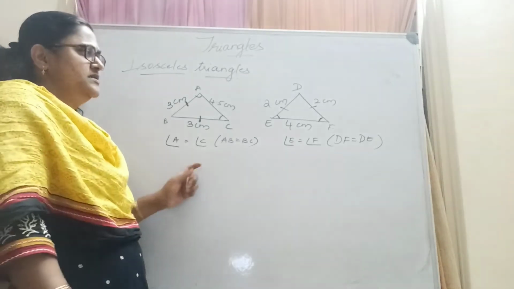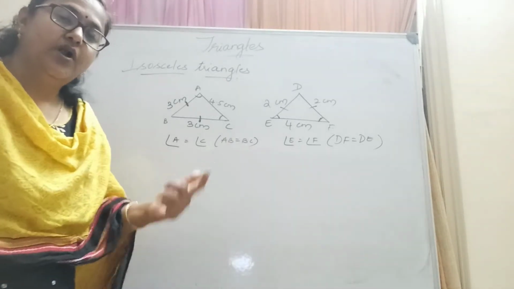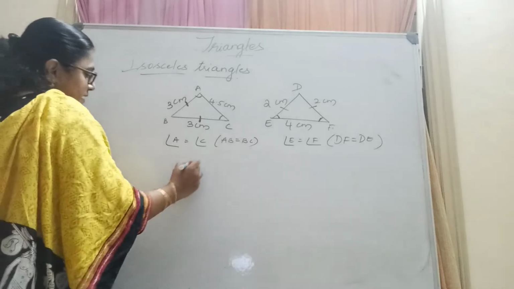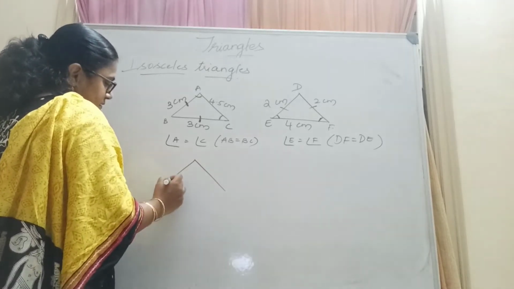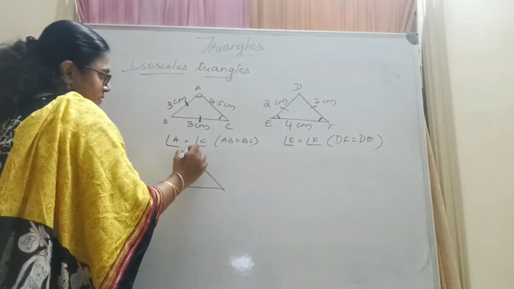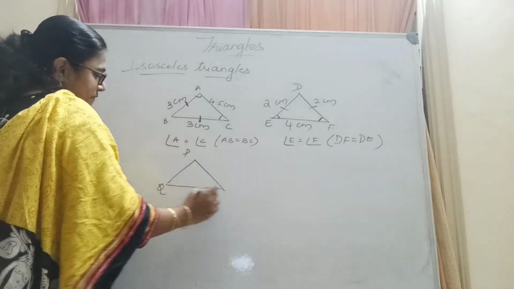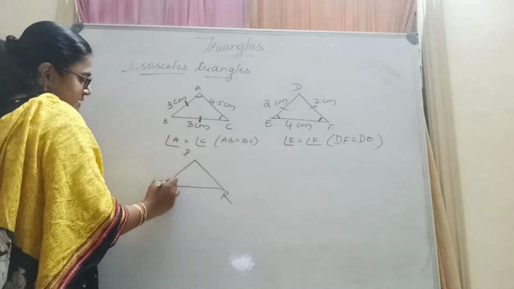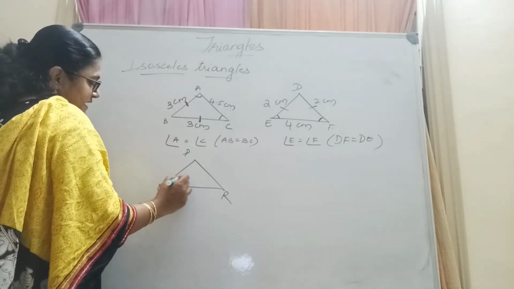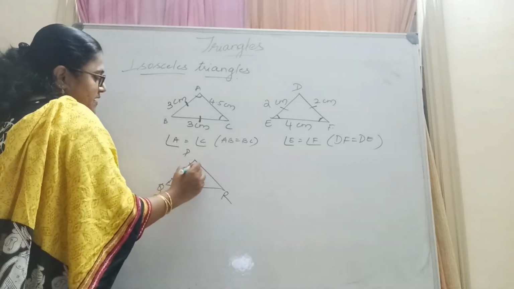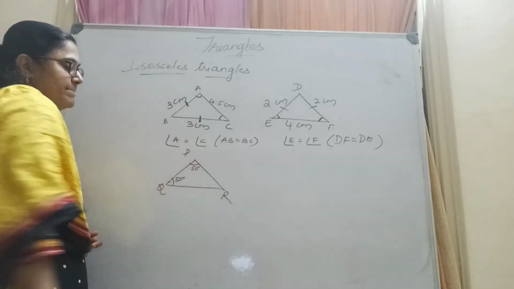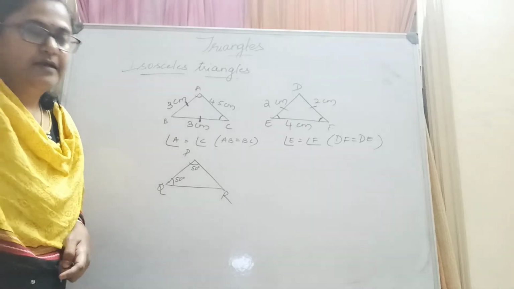Okay. Now, let us discuss the converse of this. What if they give you a triangle, say PQR, and they say that angle Q is 50 degrees and angle P is also 50 degrees?